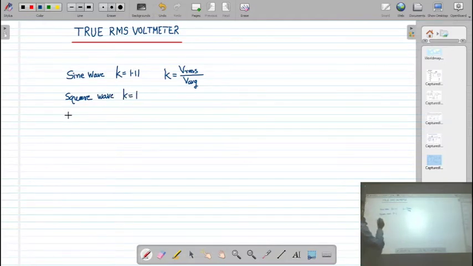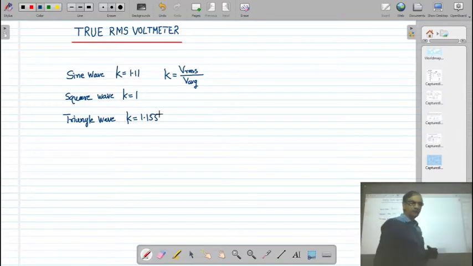And for a triangle wave, or you can say for a sweep voltage, the form factor is given by 1.155.